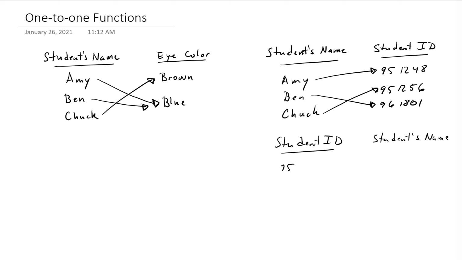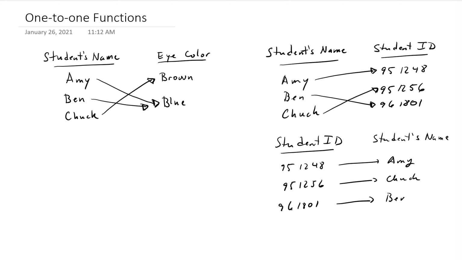So the student ID 95 1248 is going to be associated with Amy. The number 95 1256 is going to be associated with Chuck. And 96 1801 is going to be associated to Ben.